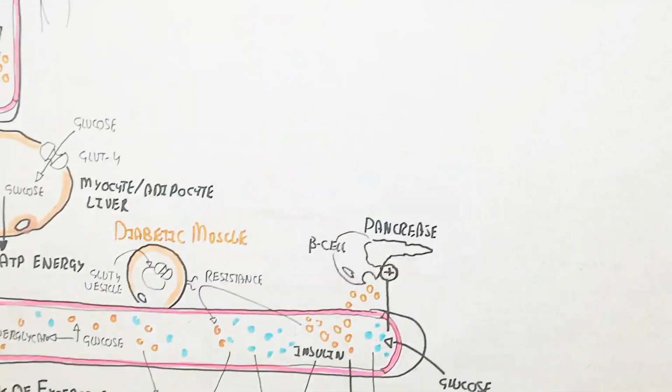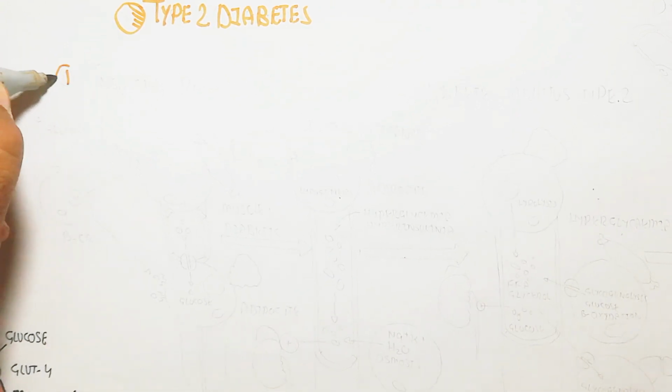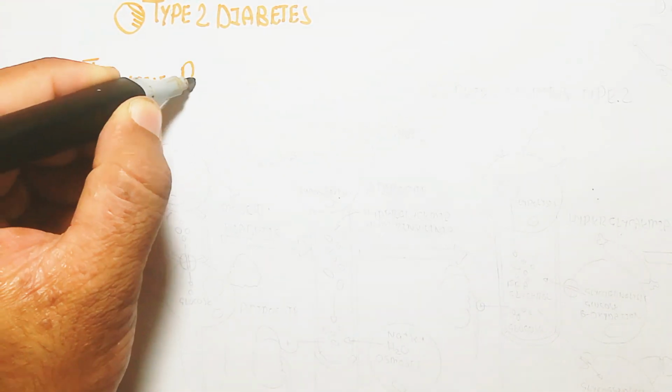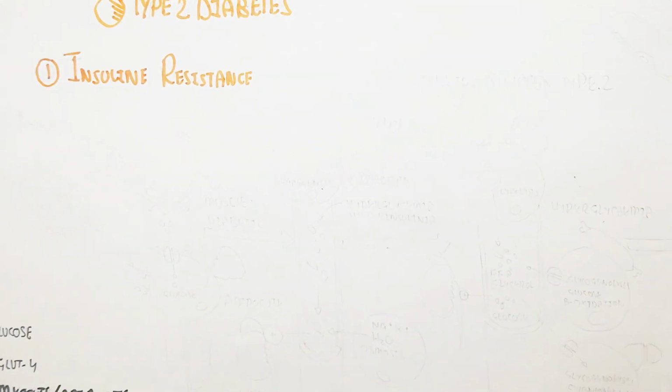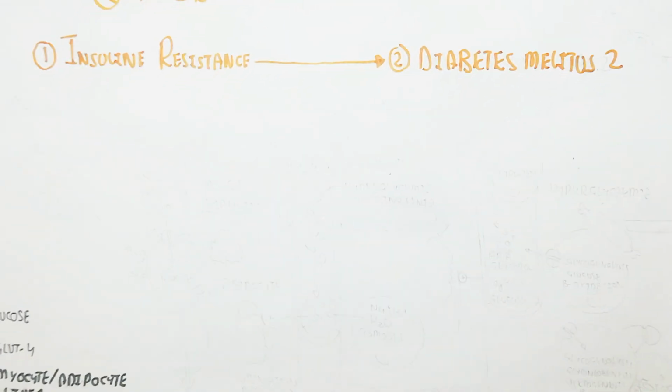Epigenetic and genetic mutation will disrupt and change the DNA sequence, causing insulin receptor resistance and further damage. The insulin resistance will lead to diabetes mellitus too.